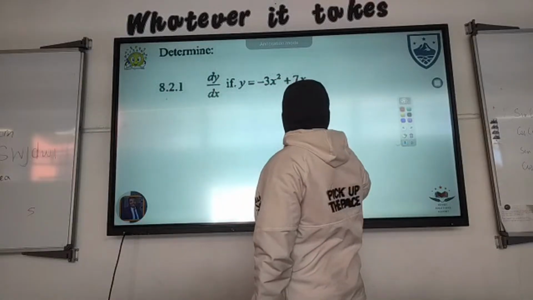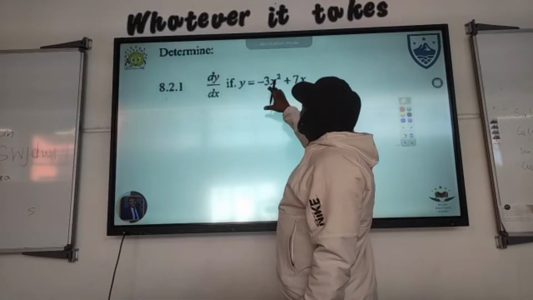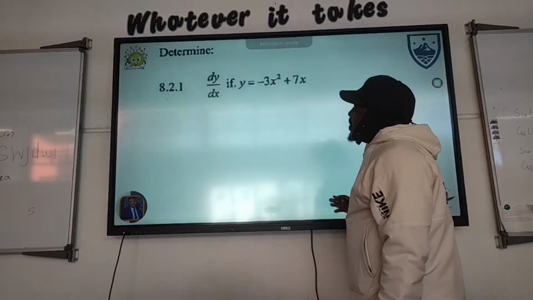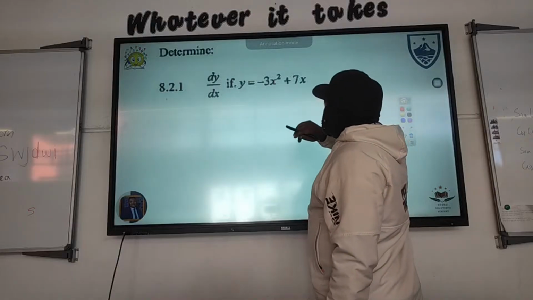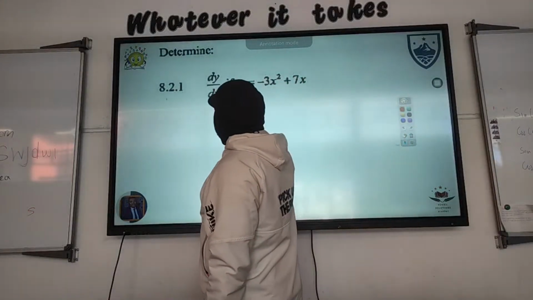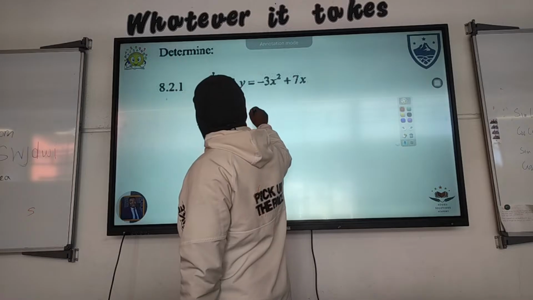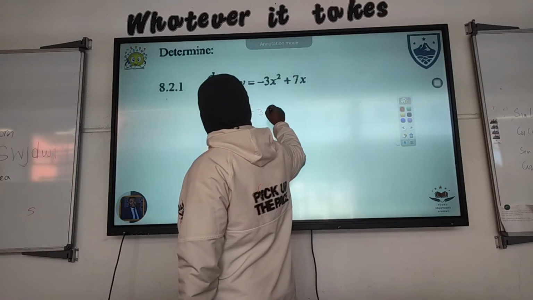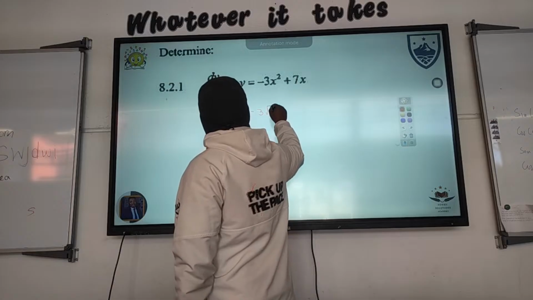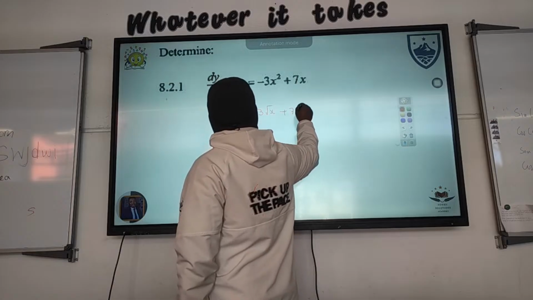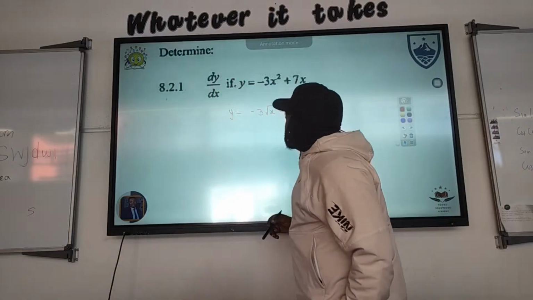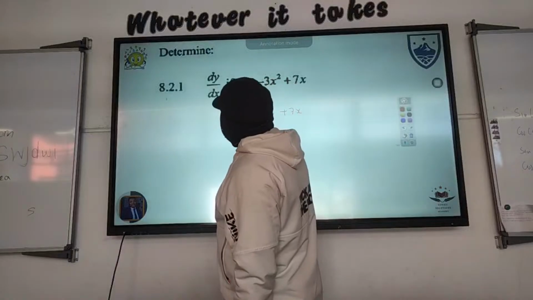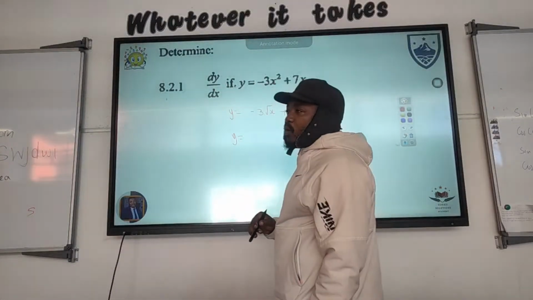This is your y. So as you are simplifying, this is already in exponential format, so there's no need for us to simplify. But if we were to simplify, let's say our y was equals to -3 over the square root of x plus 7x. And then remember we said it must be in exponential format. So when I simplify it, it will still remain as y.